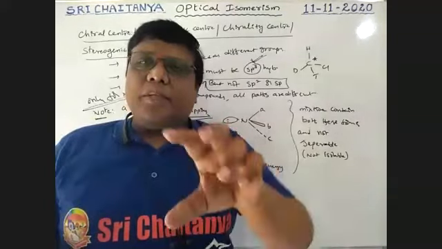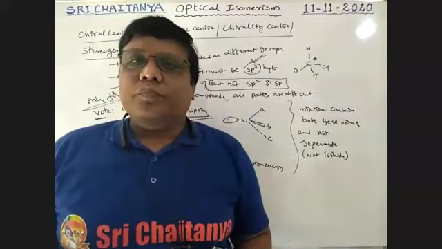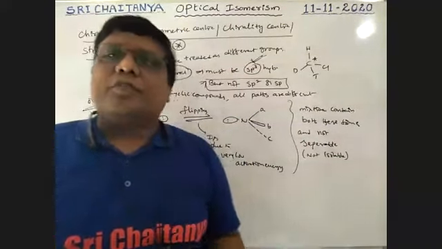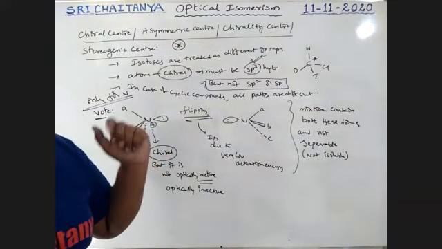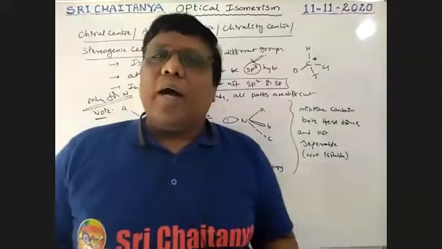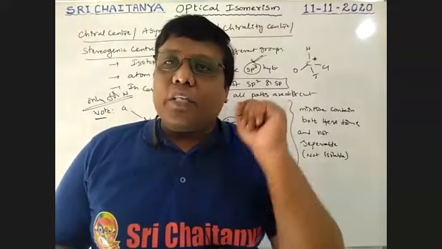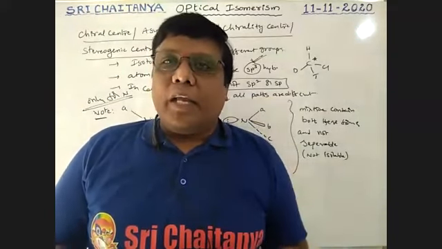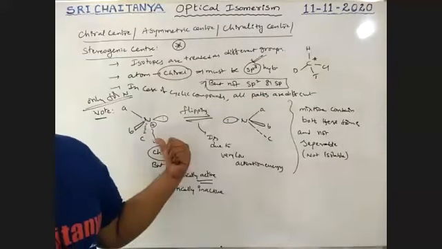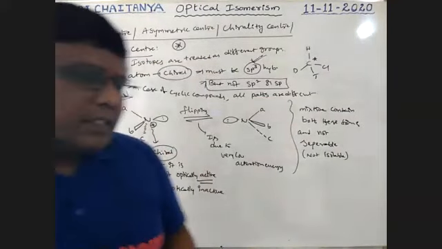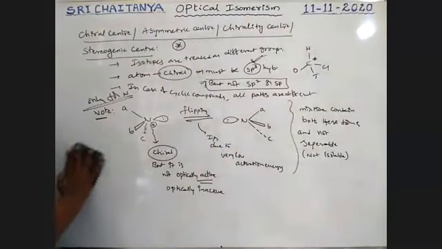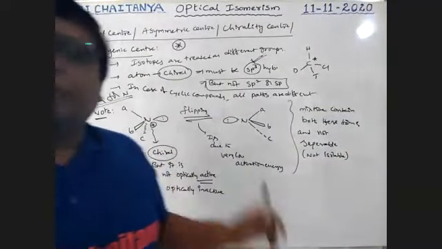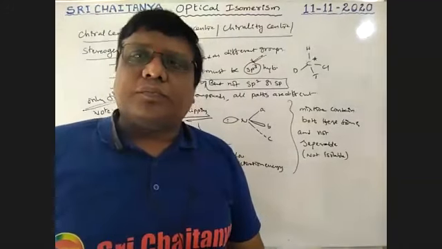If an atom is attached with all different groups, let us observe some examples, boys. Please consider this: it has a chiral center but is not optically active. Generally, compounds having one chiral center are optically active, except in this case. So which one has a chiral center and how many chiral centers? Boys, is there any doubt up to now?